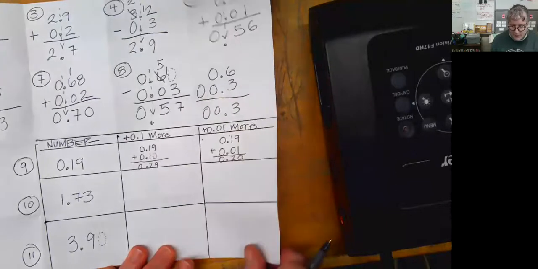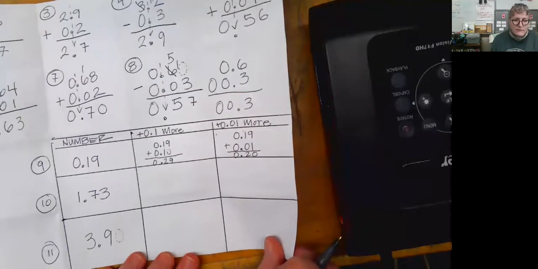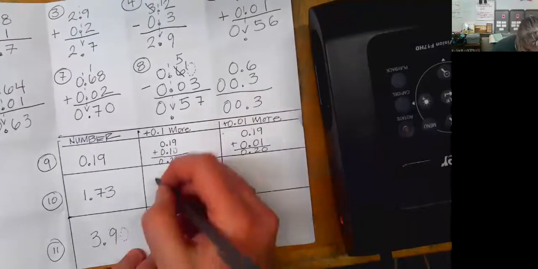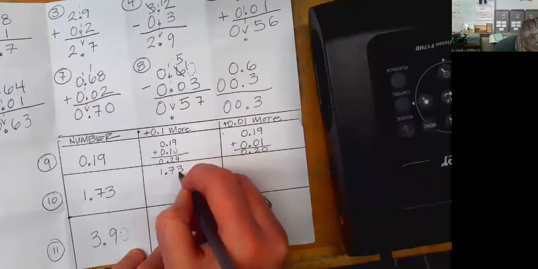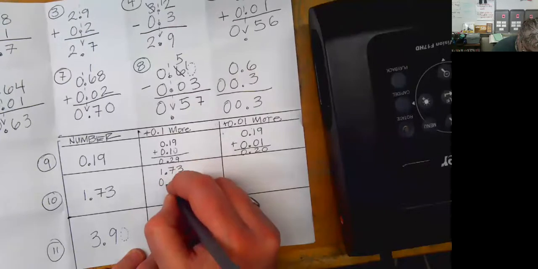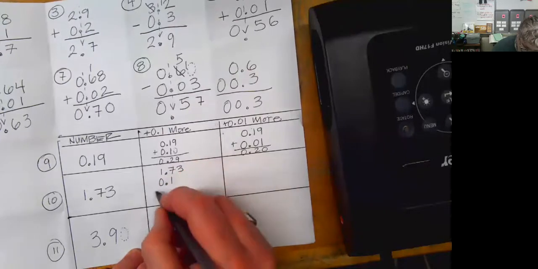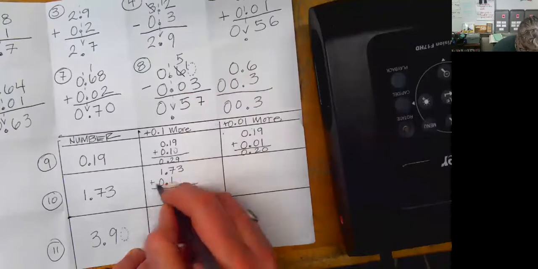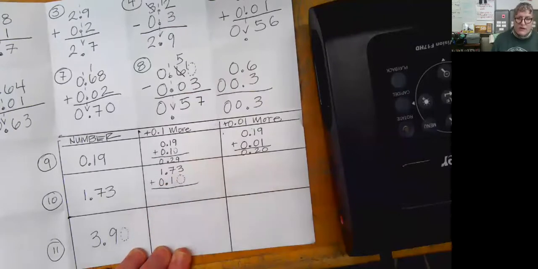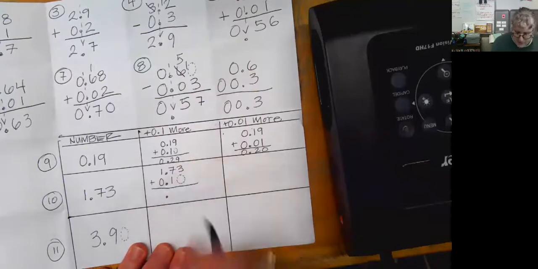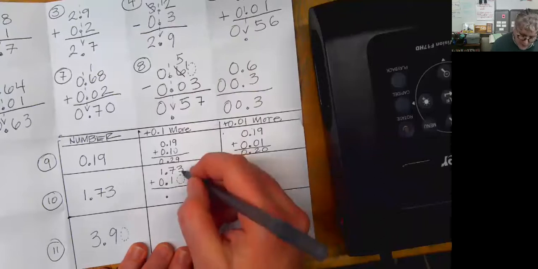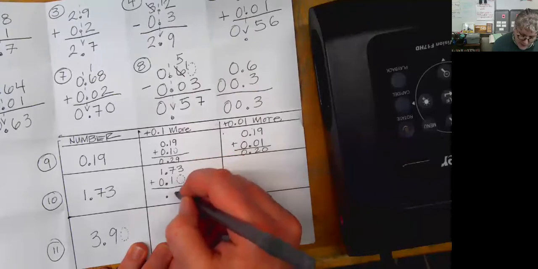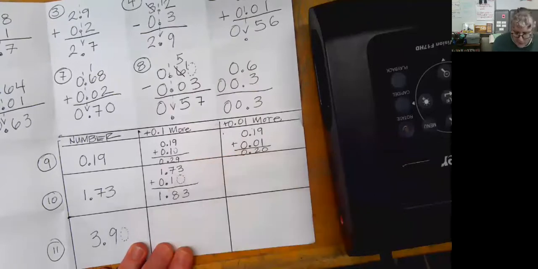Right? Okay, let's look at the next one. Now I have 1 73 hundredths, and I'm adding 0.1. And again, I can add this little invisible 0 there to hold my place. These guys line up right here. This is going to be 3, this is going to be 8, and that's going to be 1.